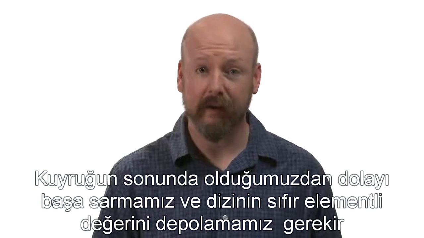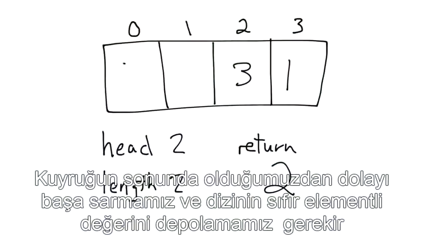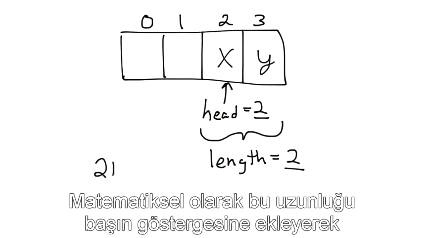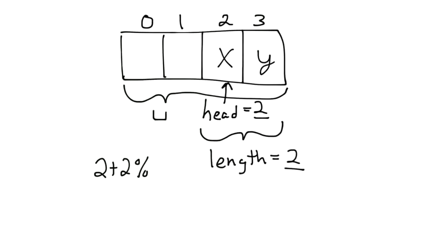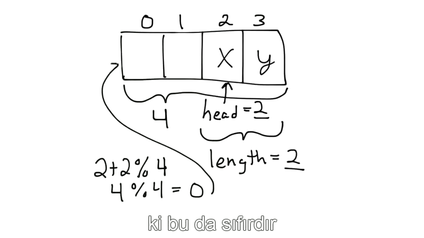As we are at the end of the queue, we will need to wrap around and store the value in element 0 of the array. Mathematically, this can be represented by adding the length to the index of the head and performing a modulus using the queue capacity. Here, that is 2 plus 2, which is 4, modulus 4, which is 0.